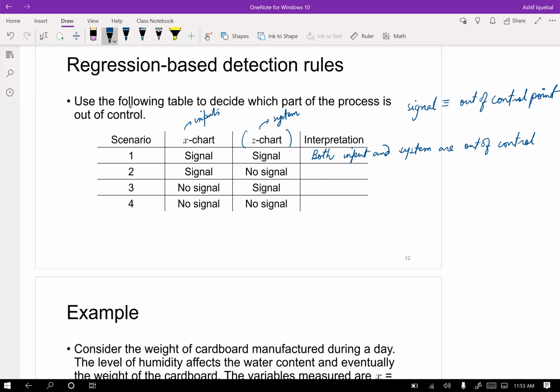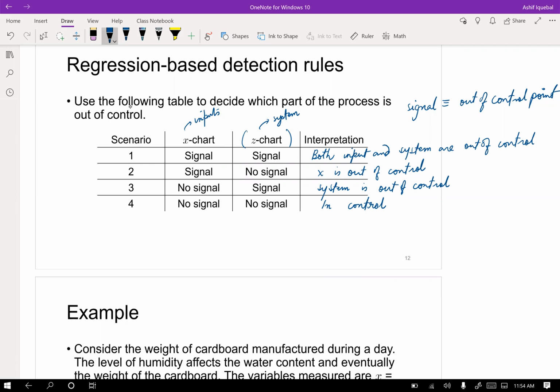If only X chart signals, we mean that X is out of control. And when only Z chart signals, we say that the system is out of control, right? And the last is when there is no signal. If there's no signal, then everything is in control. All right.